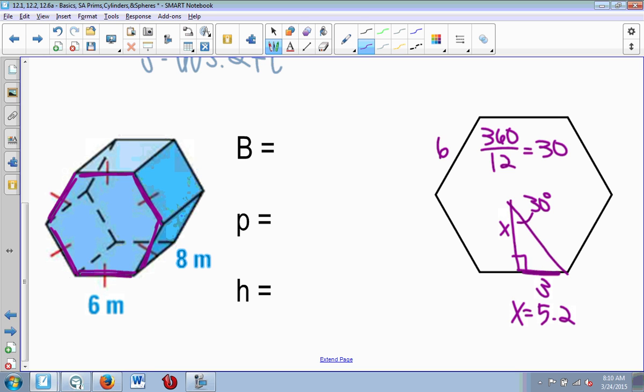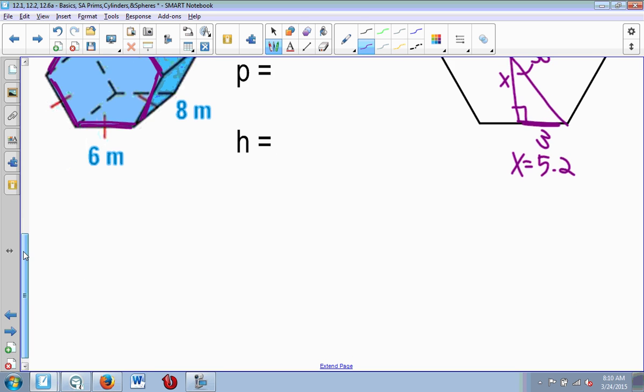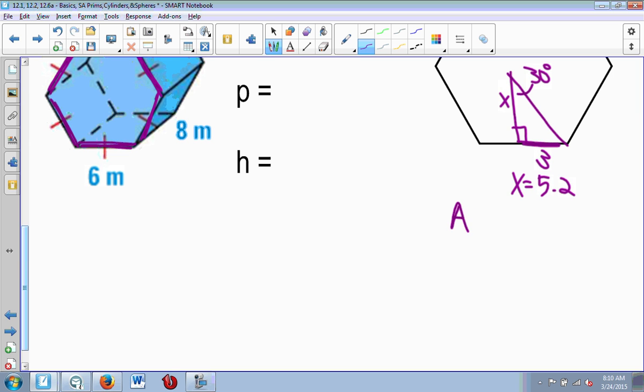So what I want to do now is find the area of that little triangle. That's found by doing 1/2 base times height. And the area of that one little triangle comes out as 7.8.